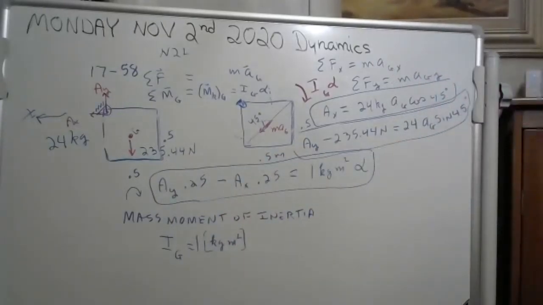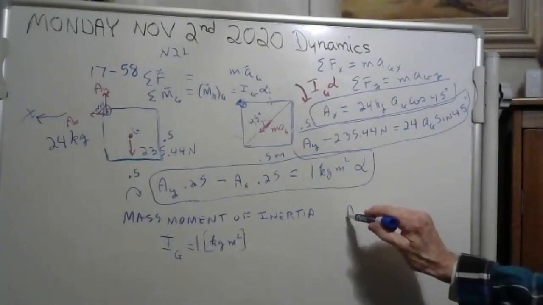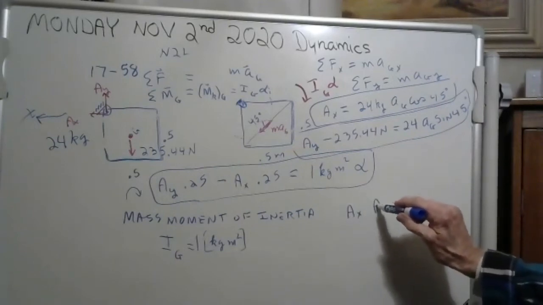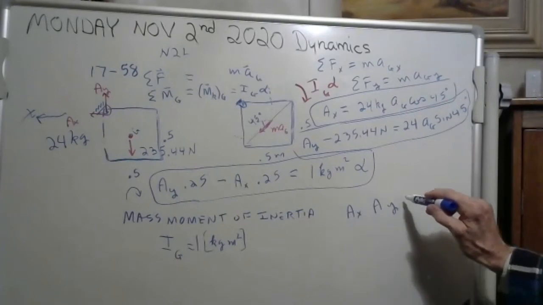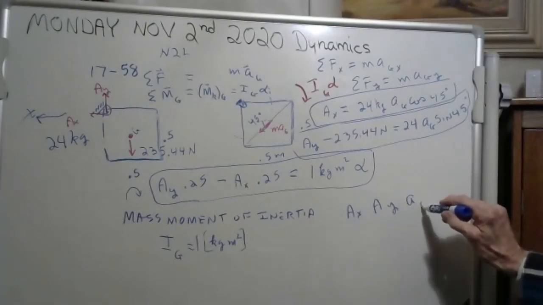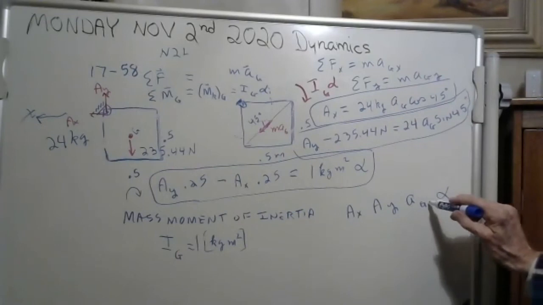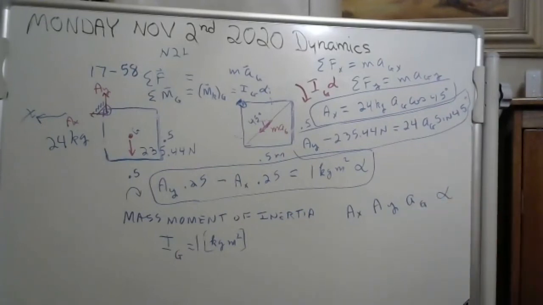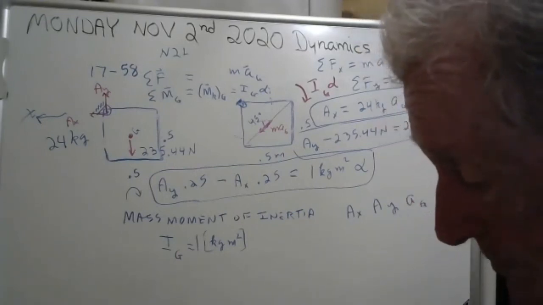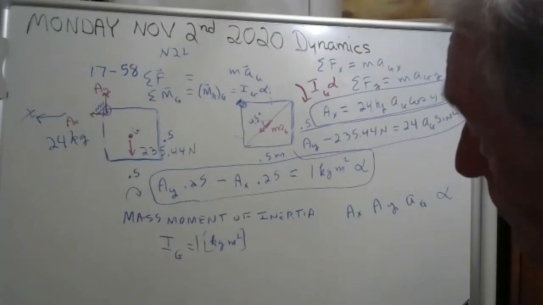Let's count our unknowns. We have AX, we don't know what it is. AY, we don't know what that is. AG, we don't know what that is. And alpha. Uh-oh, 3 equations and 4 unknowns. We need another equation.